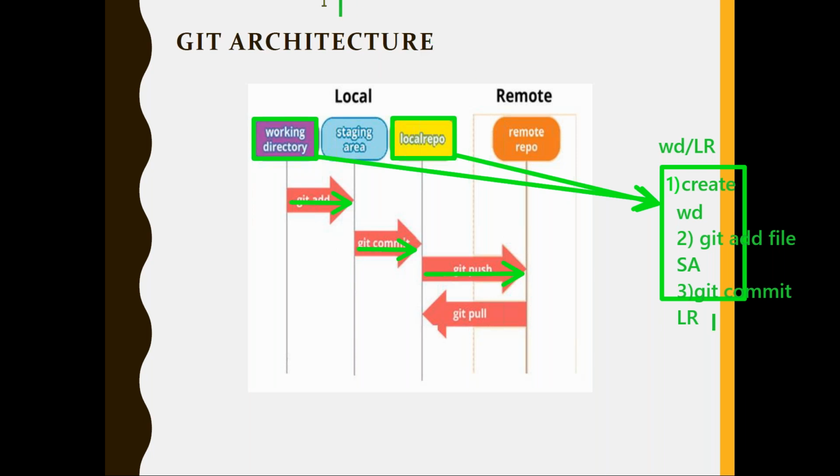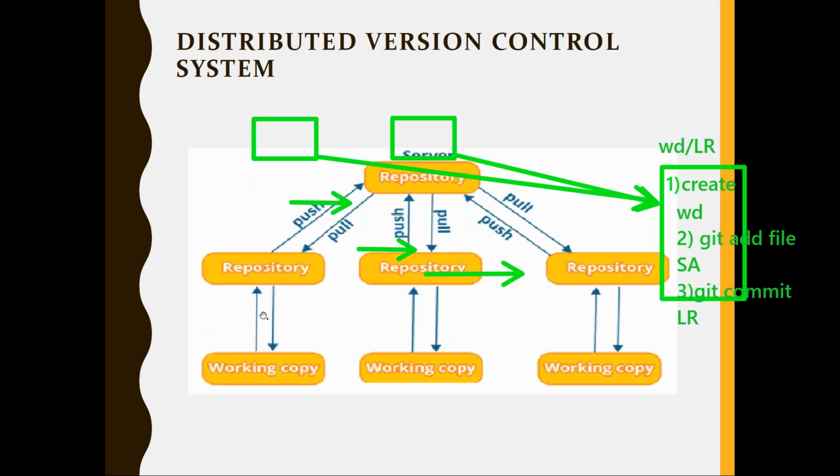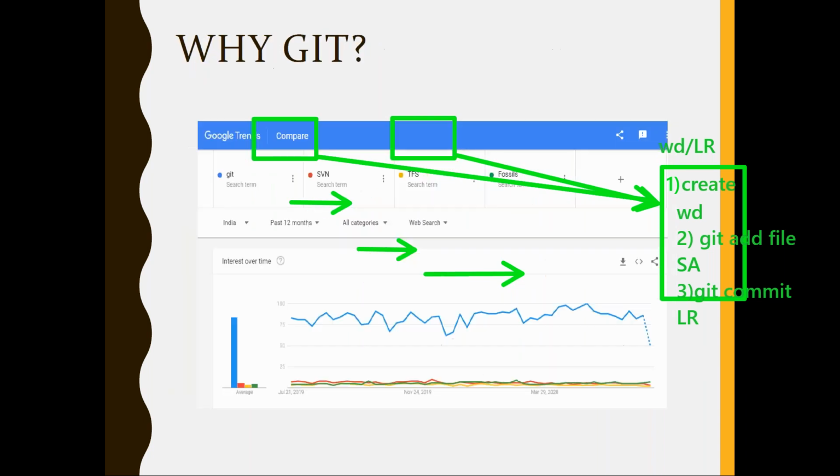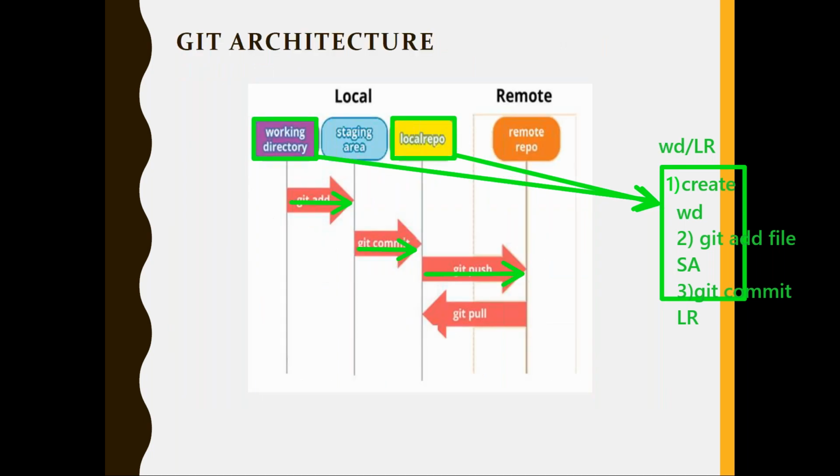I'm repeating again. If the changes are in your local repository, only you can see those changes. In the previous screen, see here, every person has their own local repository. So if the changes are in your own local repository, only you can see them, right?